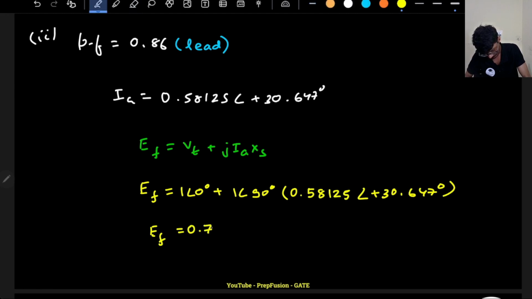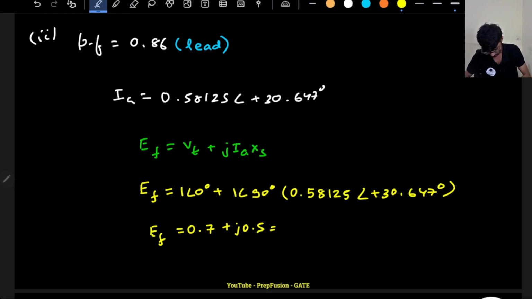If I take the sine of 120.647, sine is 0.866, into 1 into 0.58125. So this will be plus j 0.5.